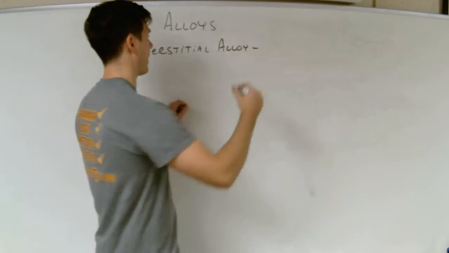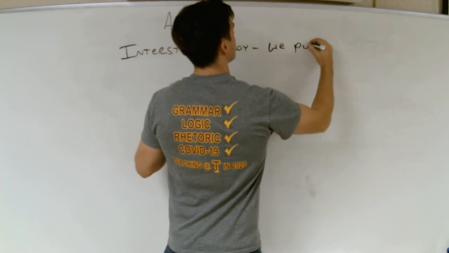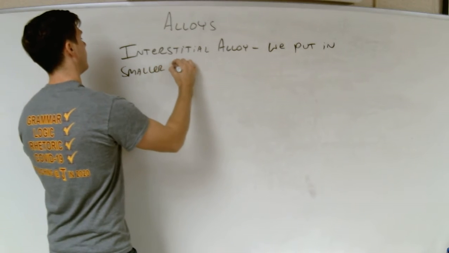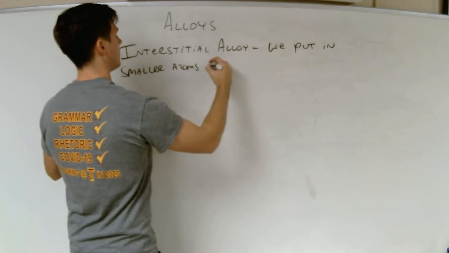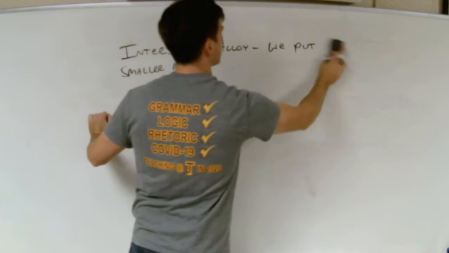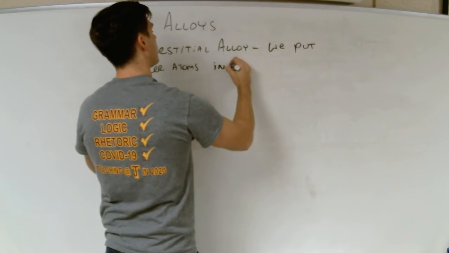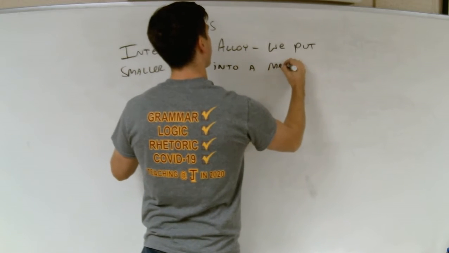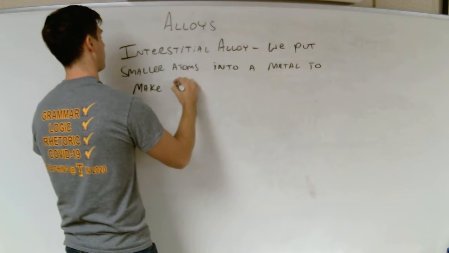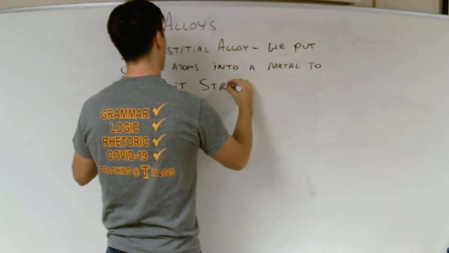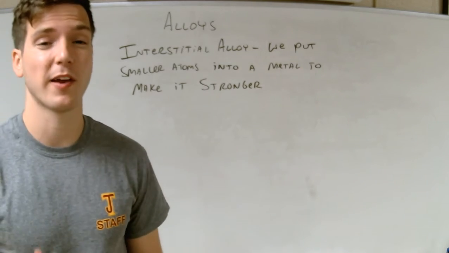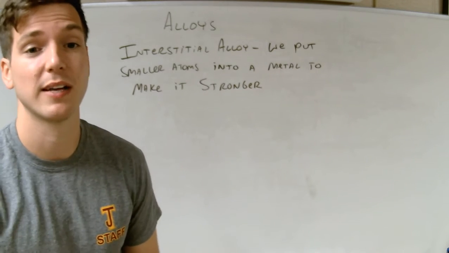That's what interstitial alloy is. Let me rephrase this. We put smaller atoms into a metal to make it stronger. So we're packing smaller atoms into metal atoms to make them stronger.